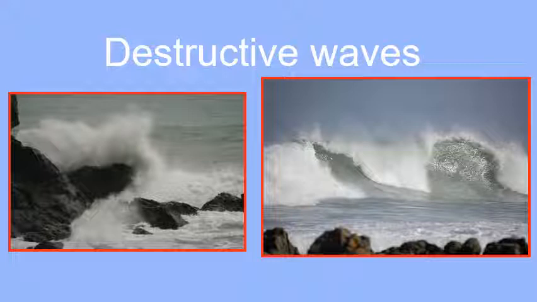Look at that. Imagine yourself standing on those rocks over there. I think that you can see by looking at that photograph that if you were standing on those rocks and those waves broke against you, you would be swept off those rocks into the ocean. The power of waves is actually tremendous, and this power makes them very, very efficient agents of erosion.